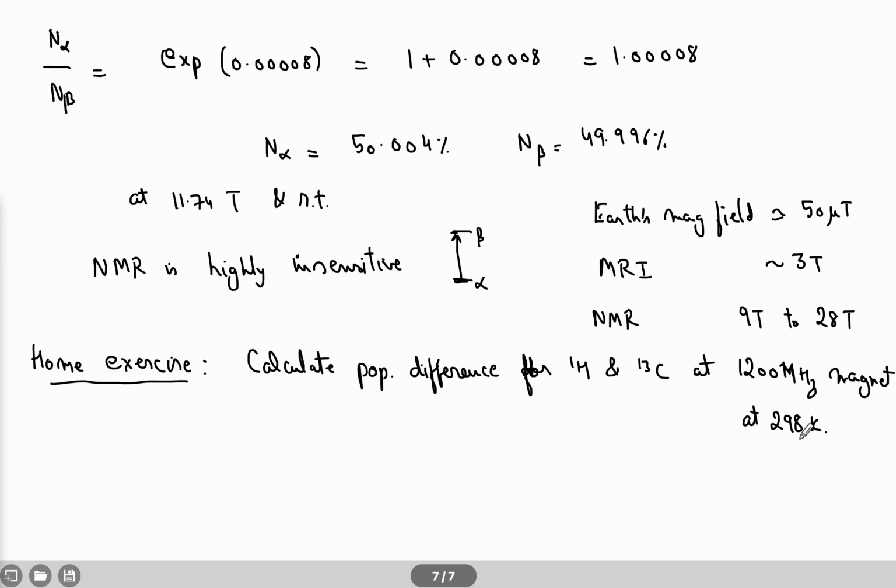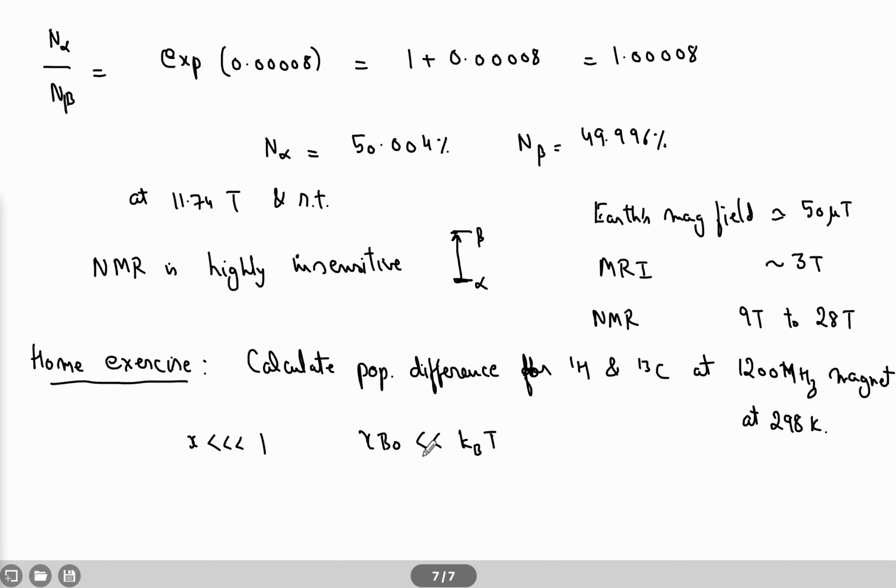By the way, when we say 298 Kelvin, we use the approximation that x is very, very much less than 1. Here we meant that gamma B naught is much less than kBT, right? Because we were calculating this ratio, which comes out to be 0.00008 for proton at 298. So that means the temperature is very high, which makes this number very small.